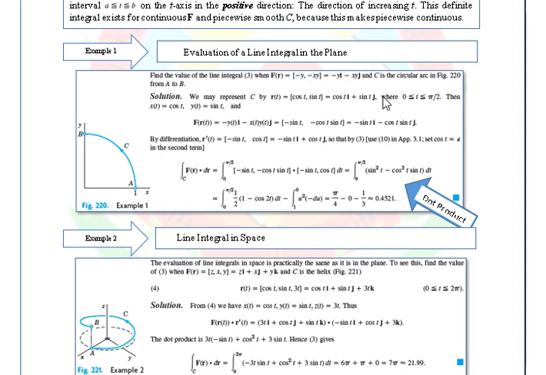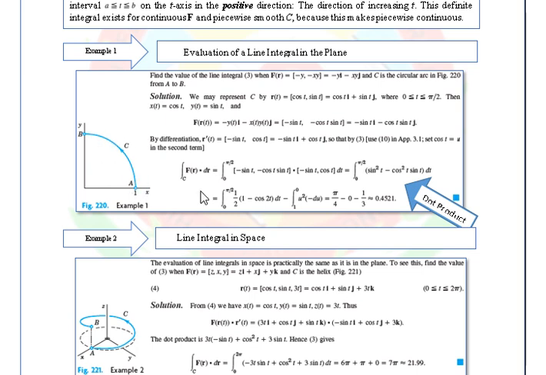The path is the circular arc in figure 2.20, from A to B. It means we are about to integrate this function along the path from point A to point B.